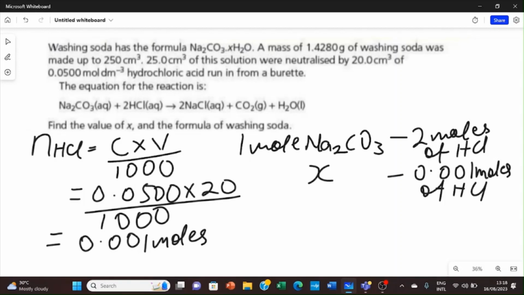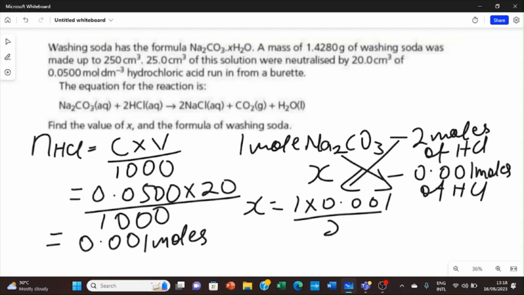So you cross multiply. x will be equal to 1 times 0.001 divided by 2.